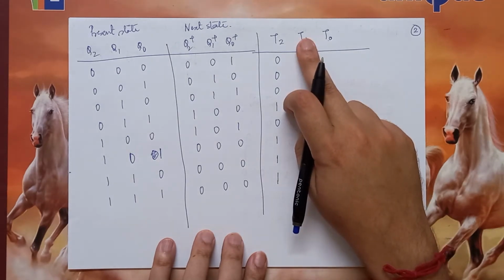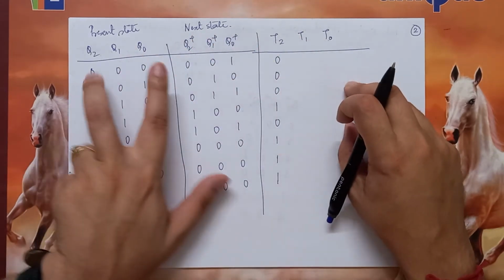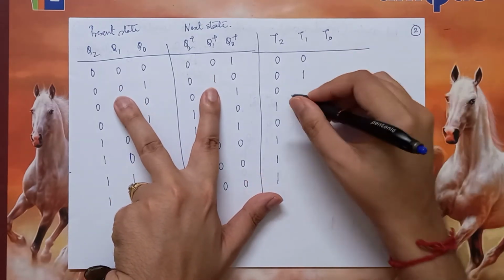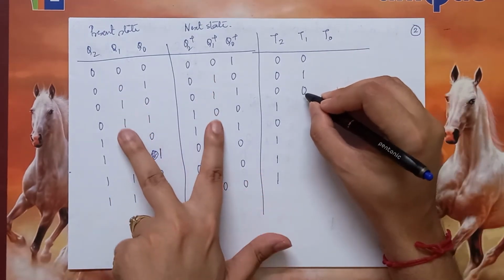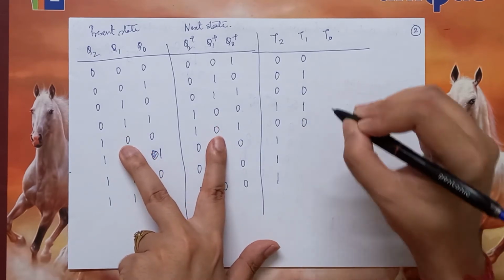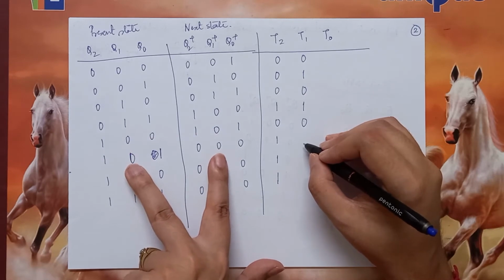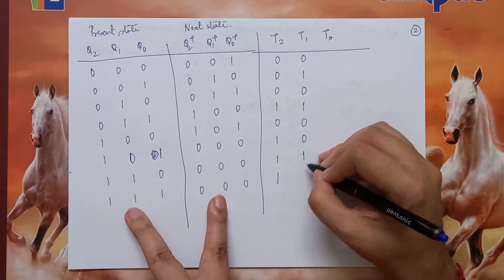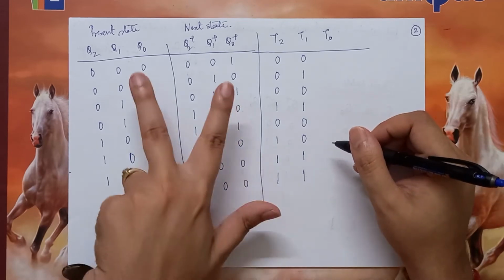Then for T1, Q1 and Q1 plus. 0, 0 means a 0. 0, 1 means a 1. 1, 1 means a 0. 1, 0 means a 1. 0, 0 means a 0. Then again we have 0, 0 which is a 0. 1, 0 which is a 1. 1, 0 again a 1.